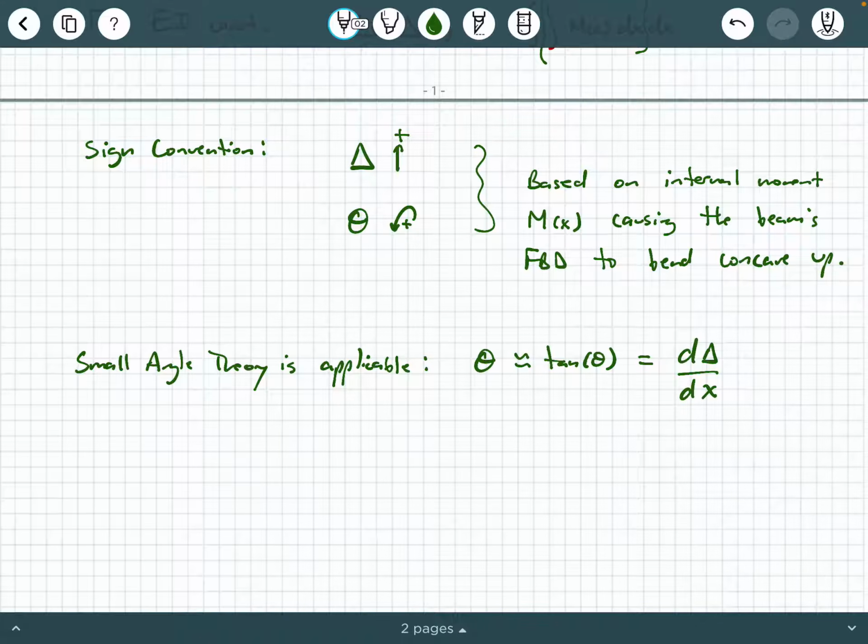And so, again, small angle theory is typically applicable whenever you have very, very small rotations. And for most applications, especially in civil engineering and structural engineering, you're going to have small magnitude rotations.